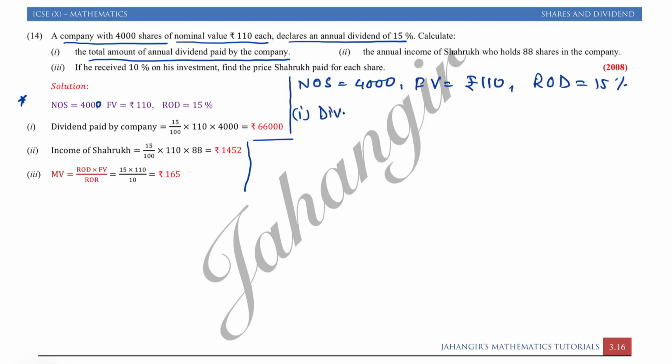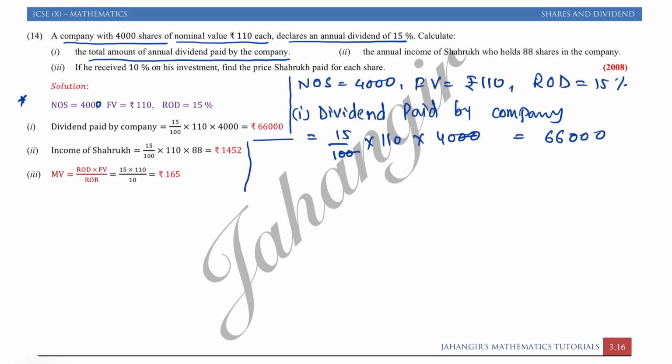So dividend paid by company is equal to ROD upon 100, and its face value is 110 into number of shares is 4,000. So 15 fours are 60, 60 into 11, 66,000. 66,000 is paid by the company to the shareholder.